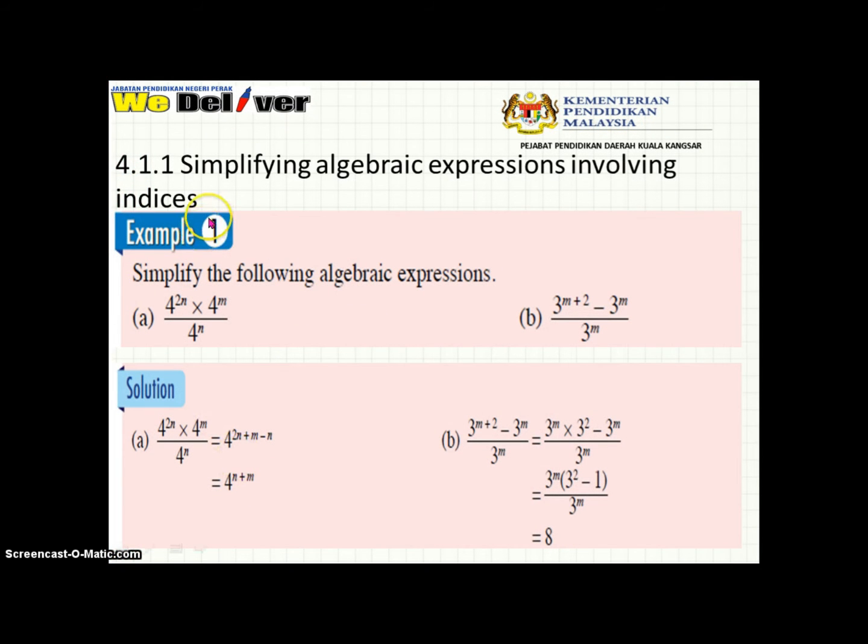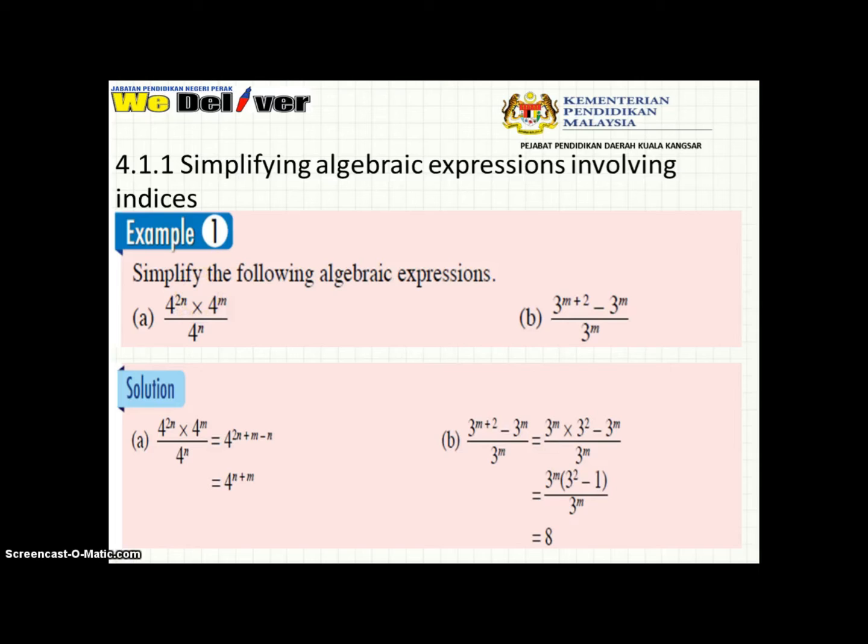So let's see the example of how to simplify the algebraic expression involving indices. A: 4 to the power of 2n times 4 to the power of m over 4 to the power of n.